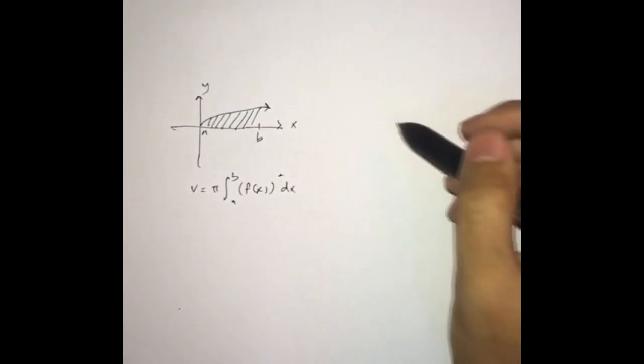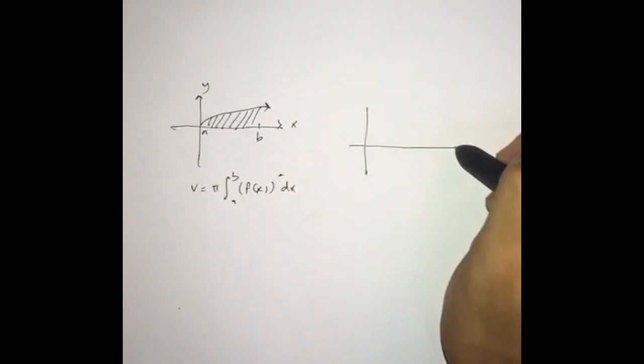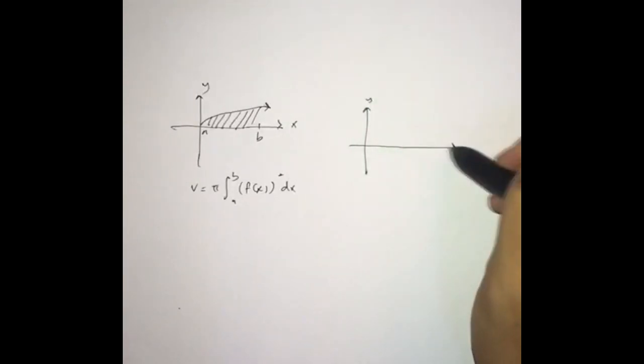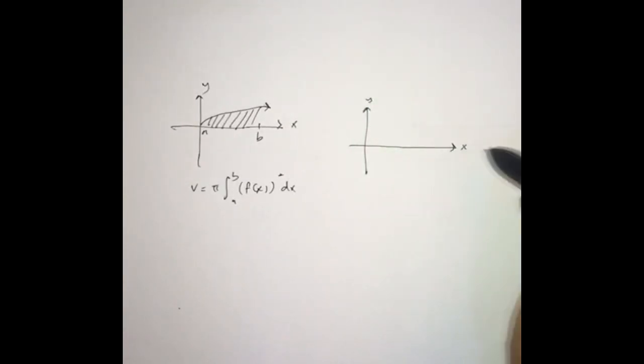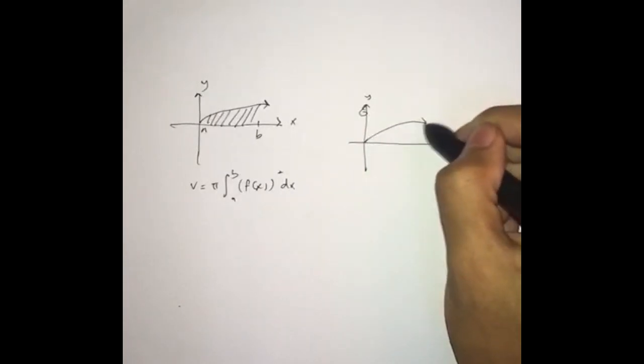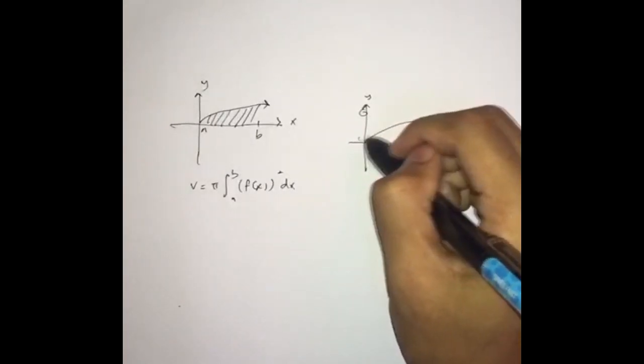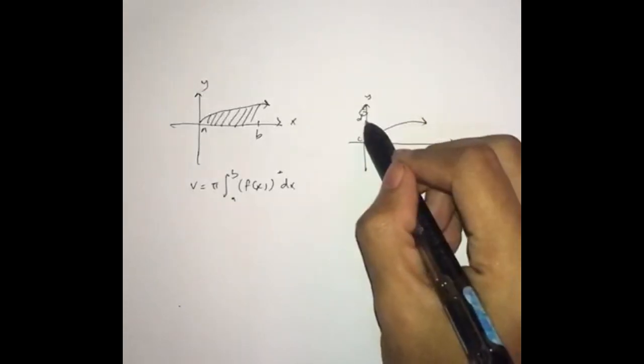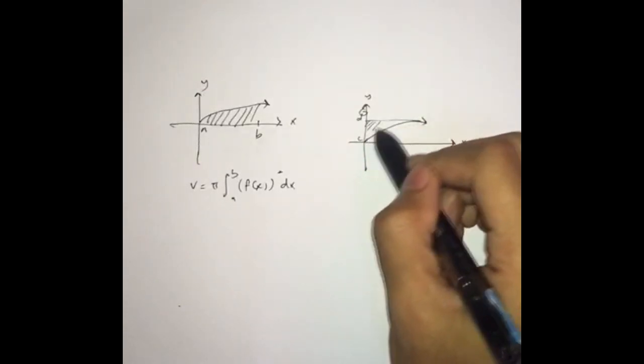The other case is when the curve rotates around the y-axis. The points will be C and D, and the shaded region will be here.